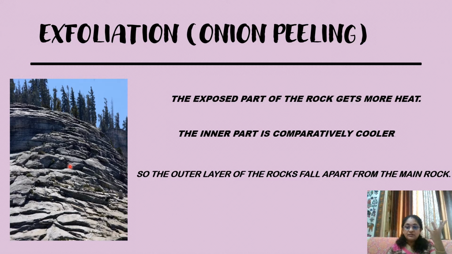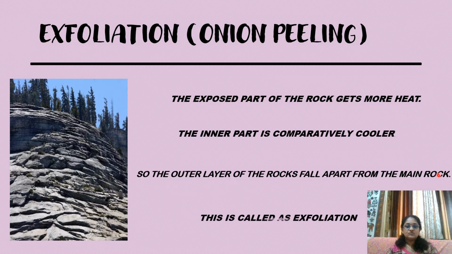Okay, they become wider, whereas the inner part is comparatively cooler. Now what happens is that the outer part is exposed during the night time, and the temperature decreases, so contraction happens. That means when the temperature is more, expansion takes place. When the temperature is less, contraction. So this constant expanding and contracting leads to the outer layer of the rocks falling apart from the main rock.